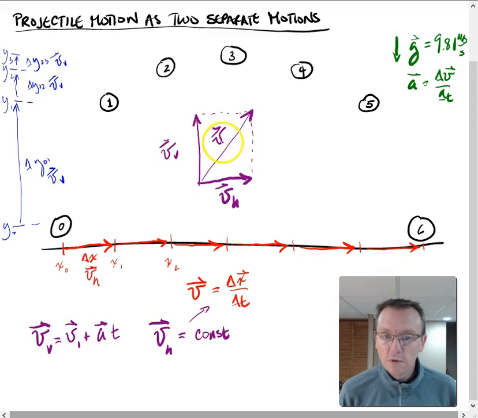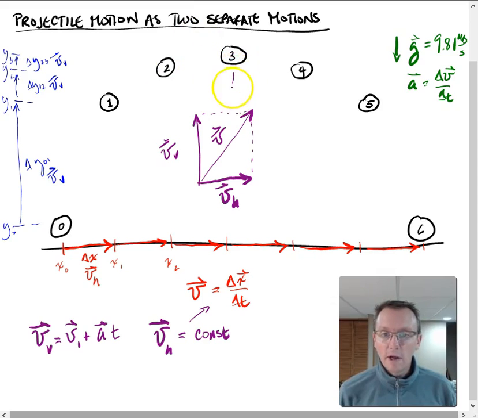The projectile's actual velocity is found by that vector addition, where you have a horizontal component and a vertical component added together. Hopefully that makes sense.